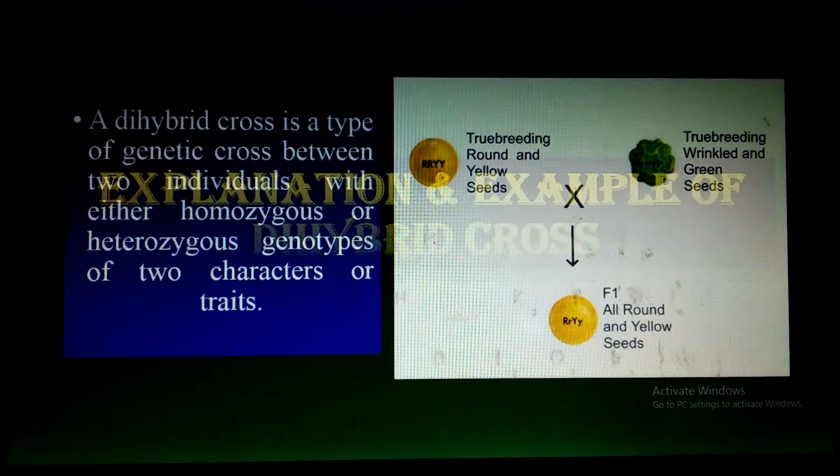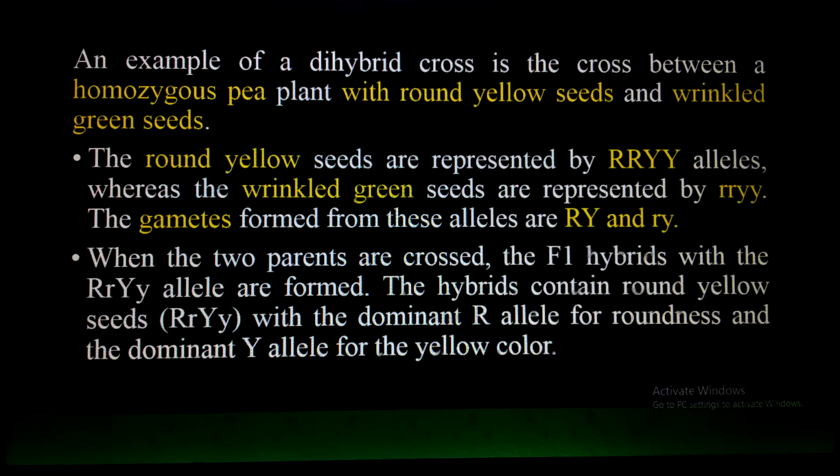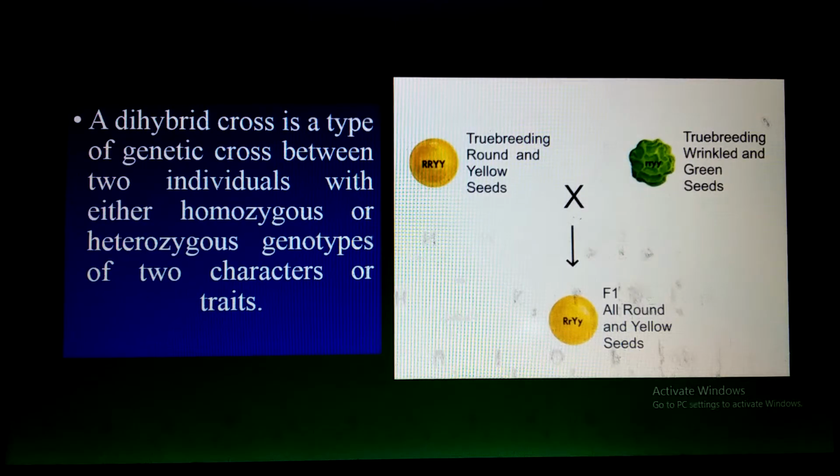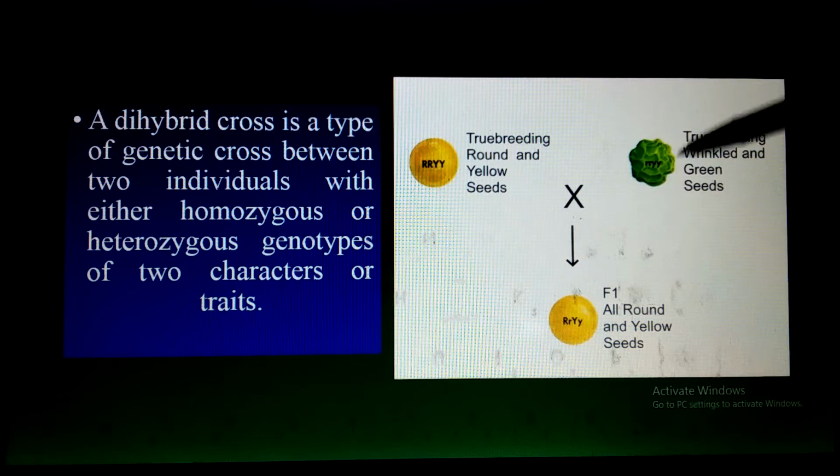Okay. Now I'm going to explain the law of independent assortment with an example of the dihybrid cross. An example of the dihybrid cross is the cross between a homozygous pea plant with round yellow seeds, as I have shown you, and wrinkled green seeds. The round yellow seeds are represented by capital R and capital Y, and the green wrinkled is represented by small r, small y.